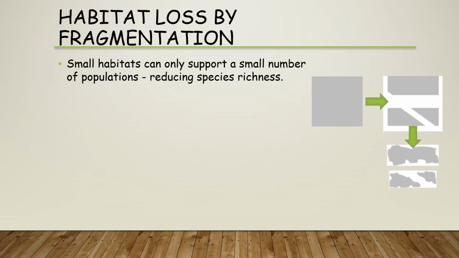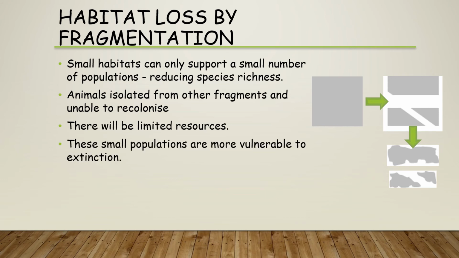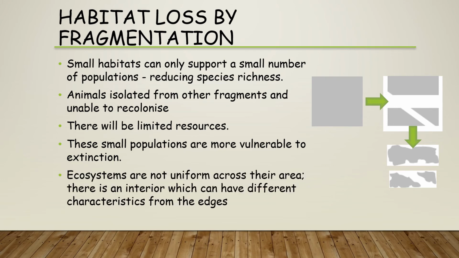And small habitats can only support a small number of populations, so that reduces the species richness. You then get animals isolated from other fragments and therefore unable to recolonise and reproduce. There'll be limited resources. And you'll then get small populations which are more vulnerable to extinction, like we saw back in our species diversity discussion.